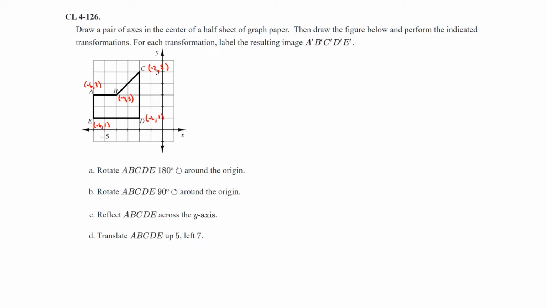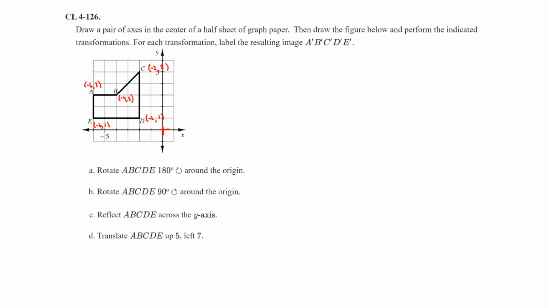So once again, use tracing paper to do that, and you're going to rotate it 180 degrees clockwise for the first one. And remember, probably a good thing to do is to put a mark right here at the origin, and then when you rotate it, make sure you're rotating 180 degrees, which would be a half turn. 90 degrees would be a quarter turn.